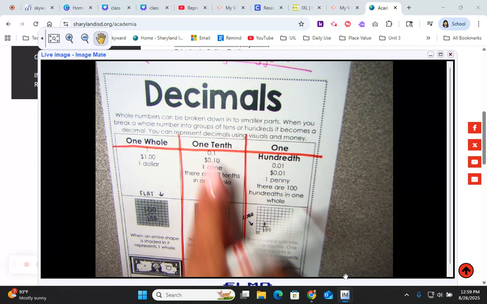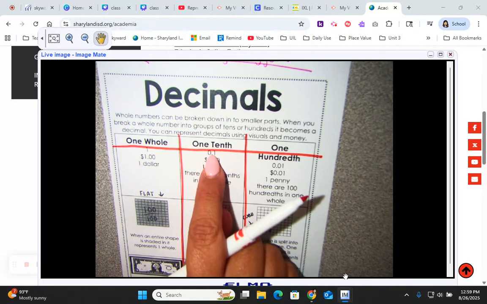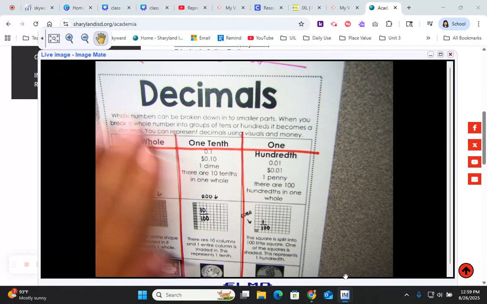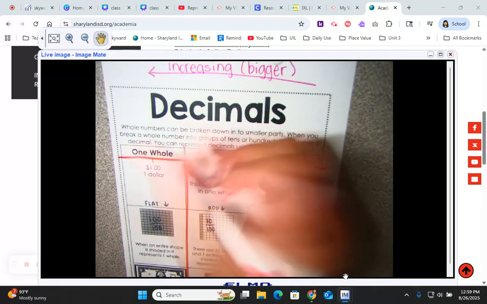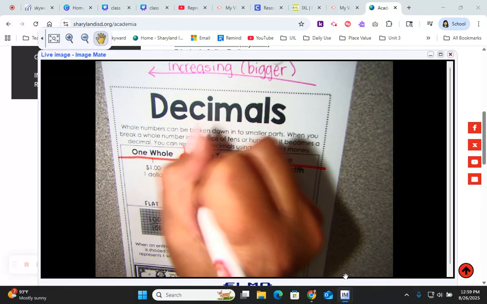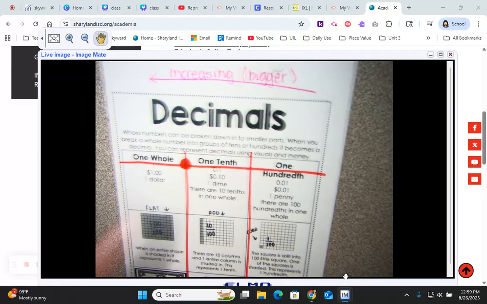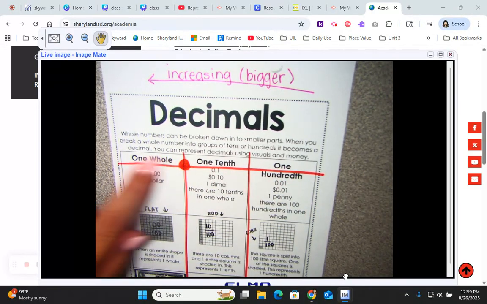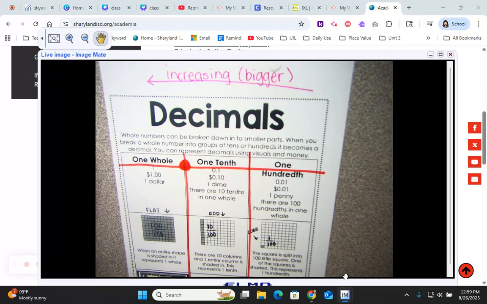Bigger than a penny, I have a dime. Bigger than a dime, I have a dollar. So when I see this, boys and girls, this can represent my place value chart.